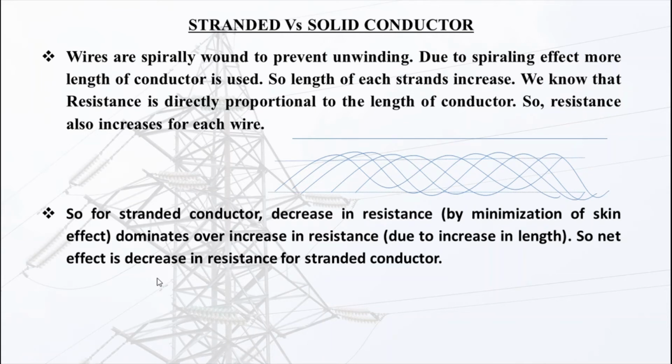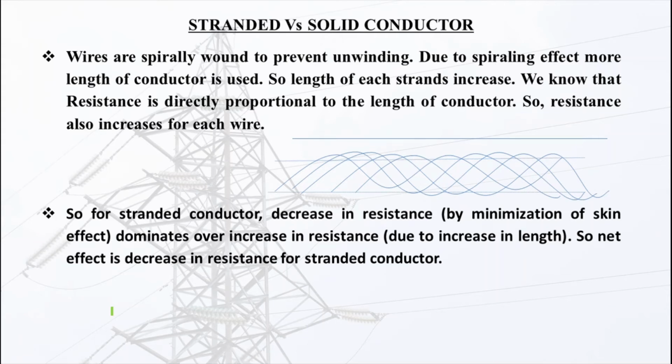Because on one side, by using stranded conductor we are decreasing the AC resistance, but how do we make the stranded conductor? We make it by spirally winding. So when the stranded conductor is spirally wound, the length of conductor increases, which results in higher resistance. So how is it advantageous? On one side we are decreasing the resistance, but on the other side it increases due to the spiraling effect.